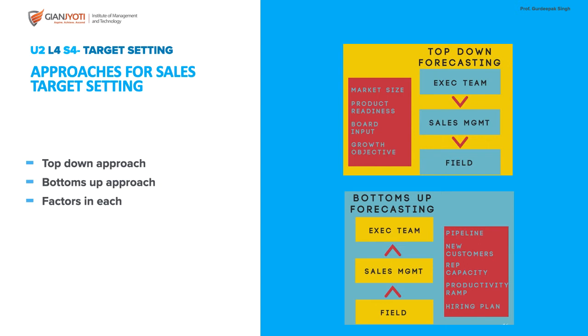Number two is whether we are dealing with new customers or penetrating the existing market. And what is the sales force size, that is the rep capacity, and also the productivity of the sales reps in the sales force. And what is the hiring plan for the coming year? All these things are kept in mind when it is conveyed to the executive team.